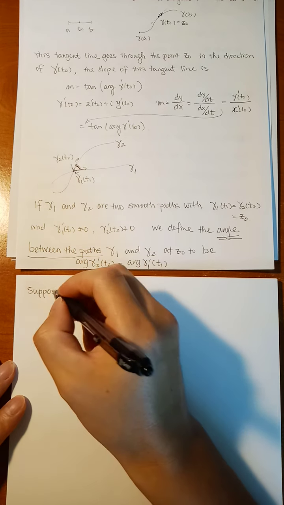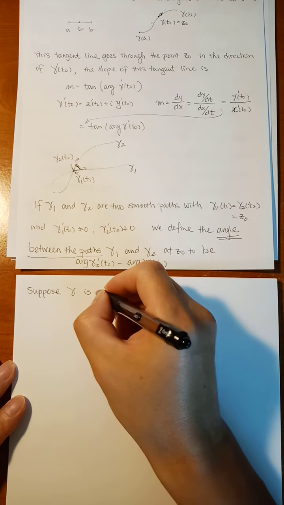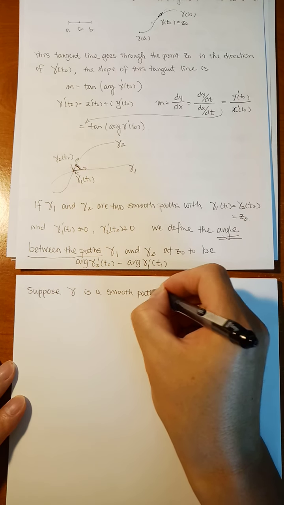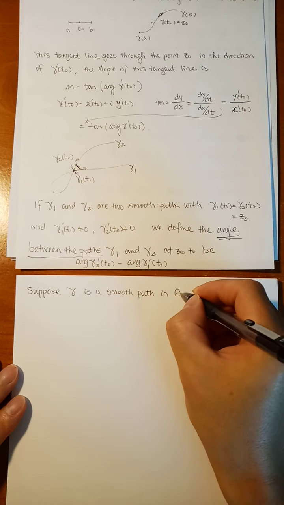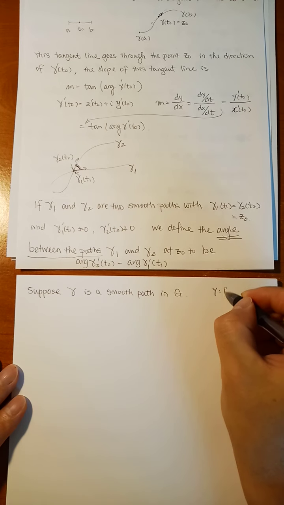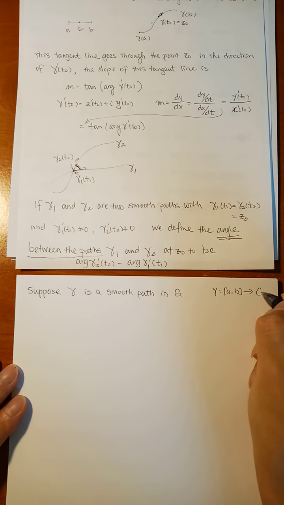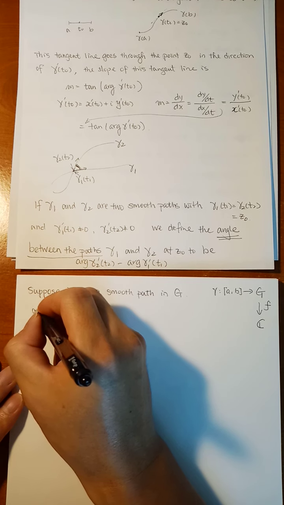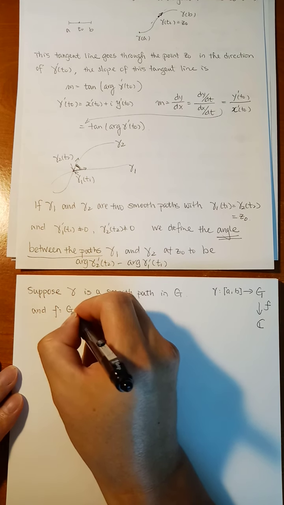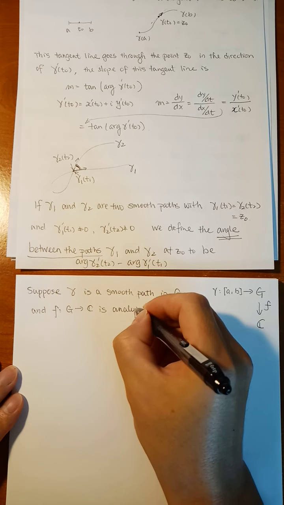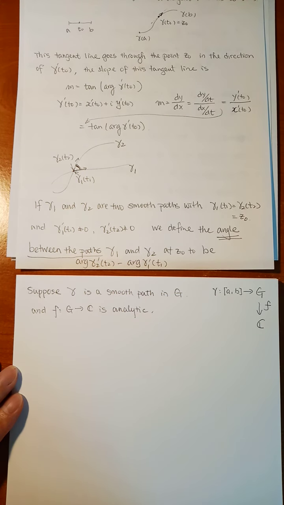Suppose gamma is a smooth path in G, gamma from [a, b] to G, and G is a region in the complex plane. So over G we can define a function. Suppose f from G to C is analytic.